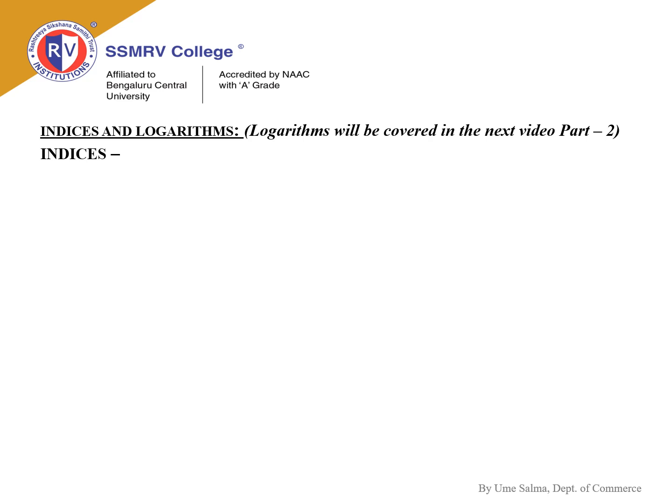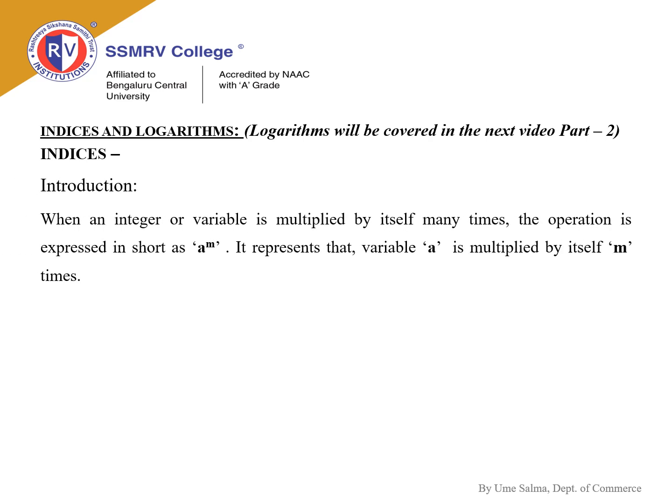Introduction. When an integer or variable is multiplied by itself many times, the operation is expressed in short as a to the power m. It represents that variable a is multiplied by itself m times.